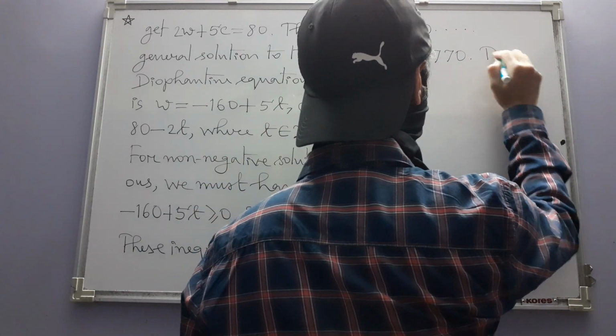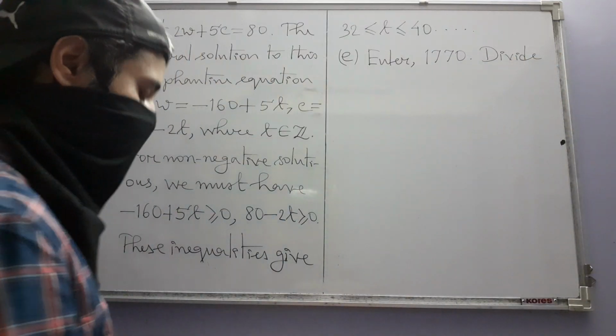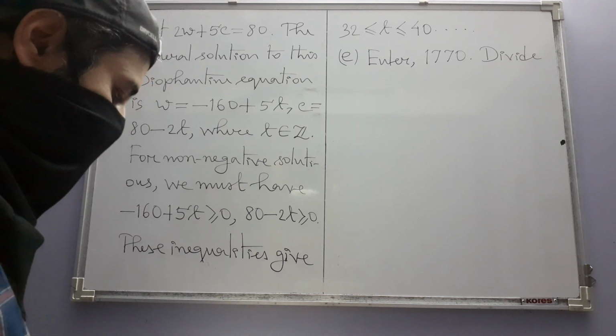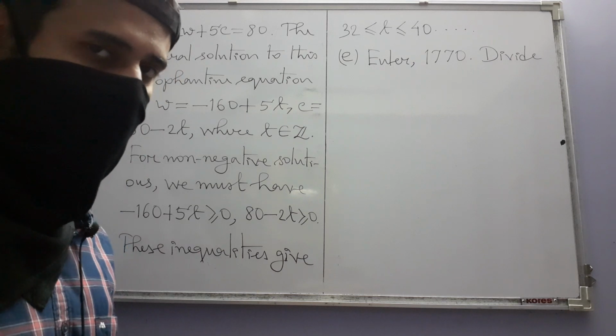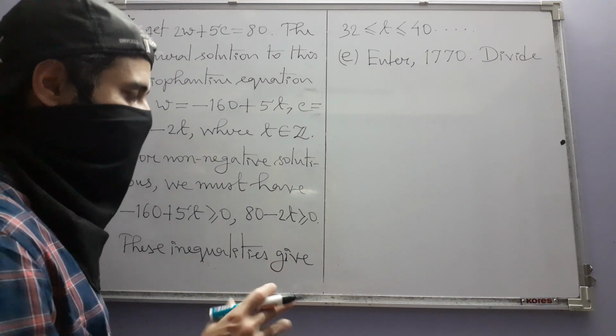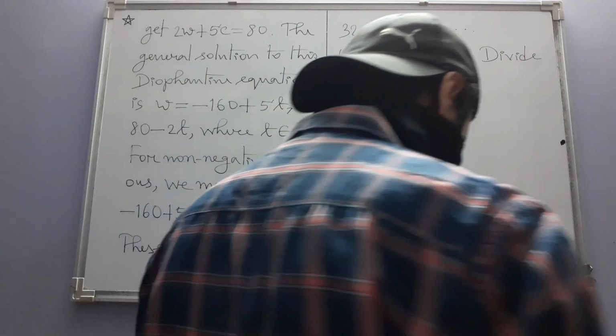Divide 100. So Euler's question or puzzle is entirely mathematical. Mathematical entirely in the sense that he is not giving us women, children or fruits, nothing like that, just simply integers.